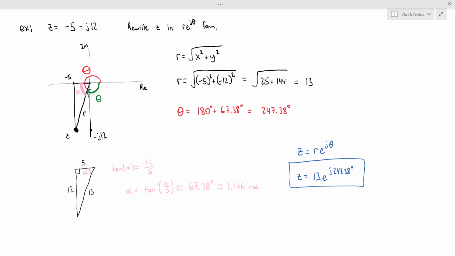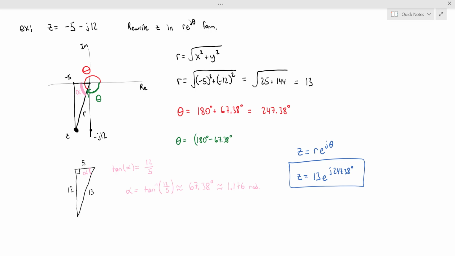So for instance, here in the picture, this total angle is 180 degrees. So if we do 180 minus alpha, that should give us the green angle here. The green angle in terms of degrees should be 180 degrees minus 67.38 degrees.